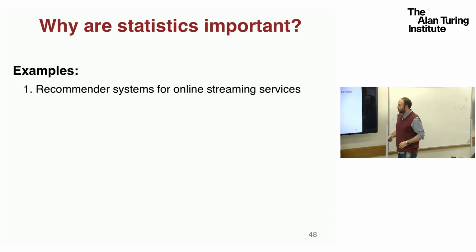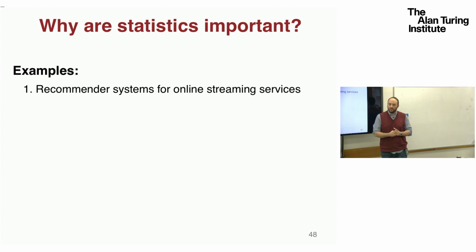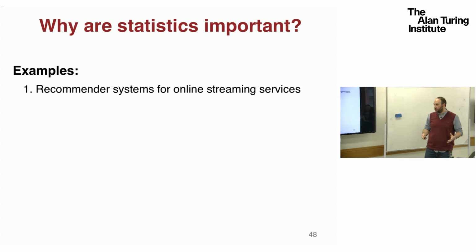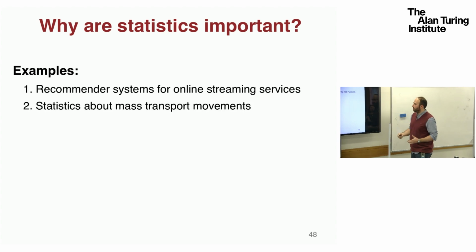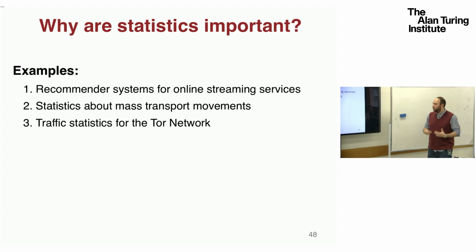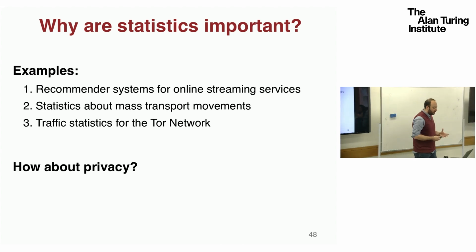Why are they important? One example is training recommender systems for online streaming services. You might want statistics about how people move in a city, or statistics to monitor privacy-sensitive networks like Tor. So what about privacy?